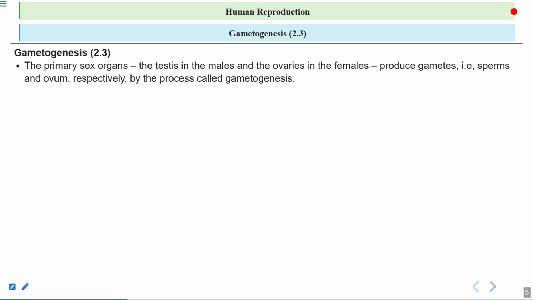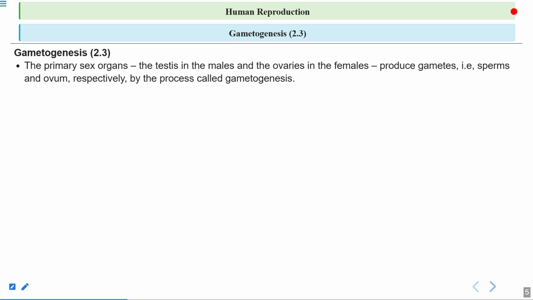Now, the primary sex organs, the testes in males and the ovaries in females, produce gametes, that is sperms and ovum respectively, by the process called gametogenesis. Now what is the function of the primary sex organs?